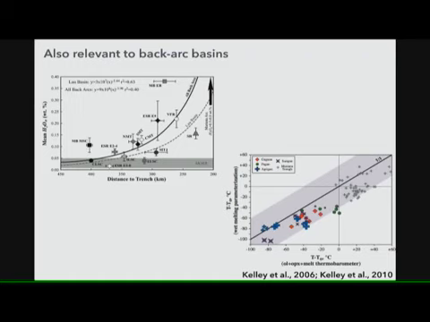And this holds true not only where we think we have water being fluxed off the downgoing slab in the mantle wedge, but we see these effects, for example, in back-arc basins. There are very nice studies by Katie Kelley and Terry Plank and other people who are here, showing the effect of water content, looking at a bunch of back-arc samples and the distance to the trench.